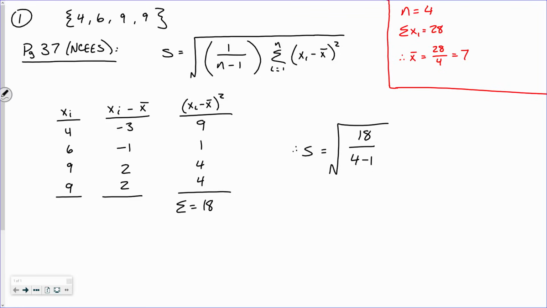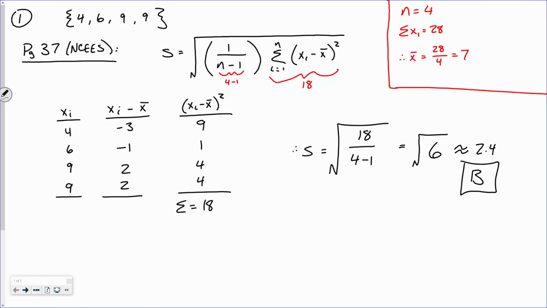There's my formula. This entire sum on the right is 18, and that is 4 minus 1. So 18 over 4 minus 1 is essentially 6, and the square root of 6 comes out to about 2.4. So the answer is B.